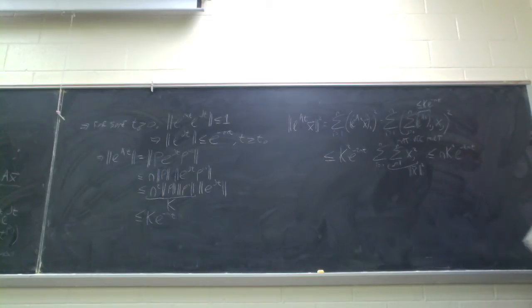The thing is, this is not working out as conveniently as I wanted it to. It would be nice to have another factor of n, so that I'd have n squared, but I don't seem to have that.